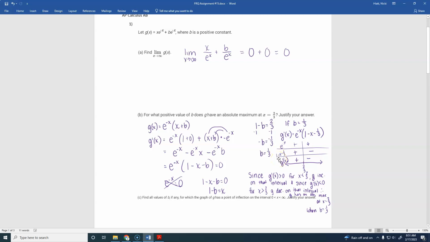It could be. I wrote 1 minus x minus 1/3, but if you combine those like terms, then it would be negative x plus 2/3. So that would be the same, and it doesn't matter which way you write that. The 1 minus x equals 1/3, and solve for x and show that x equals 2/3.